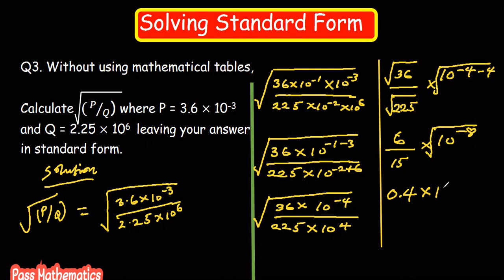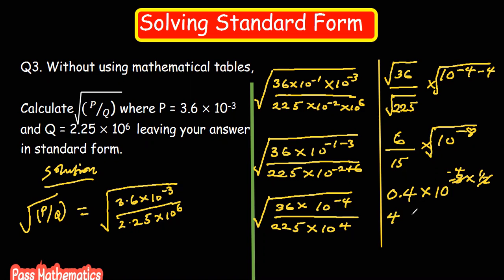So again, we change the square root sign to half and multiply this by half. So this takes out this. We should have minus 4 left. So we take the standard form of this, we change this to a whole number.